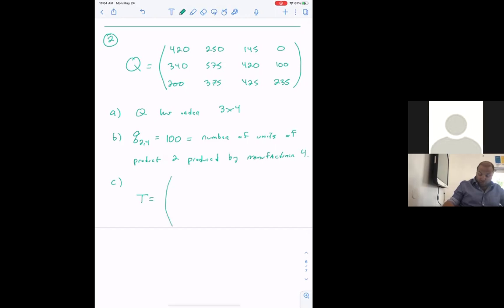4 by 1, 4 rows, 1 column. Find a 4 by 1 matrix capital T representing the total number of products produced by each manufacturer. Okay, well, manufacturer 1 makes some of product 1, some of product 2, some of product 3.